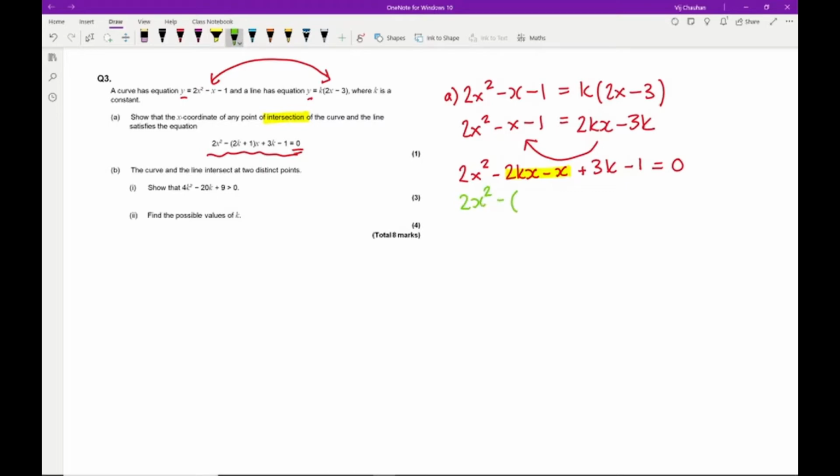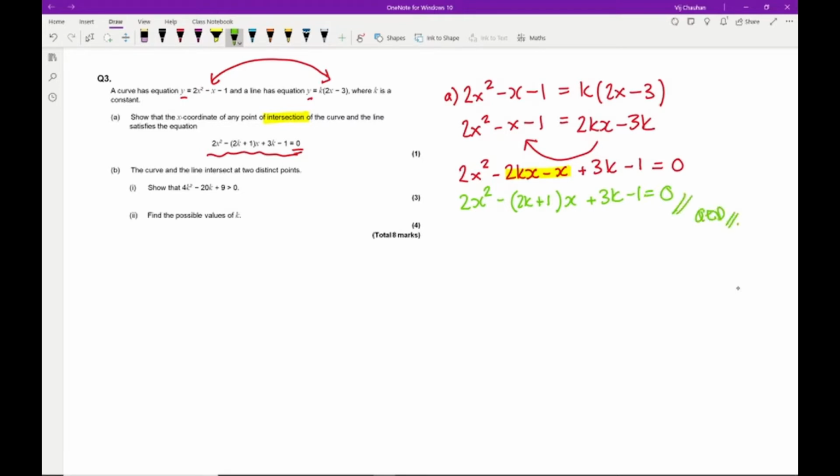Now in terms of a common factor, I've got x. So here I've got 2k plus 1, plus 3x minus 1 equals 0, and there I've proved what they've wanted me to prove.